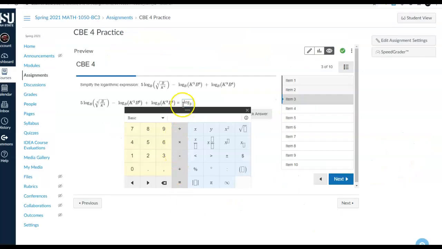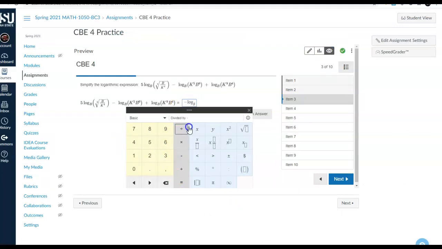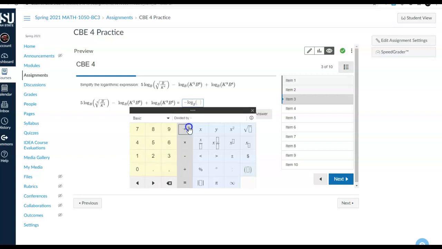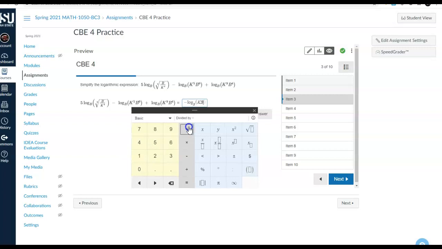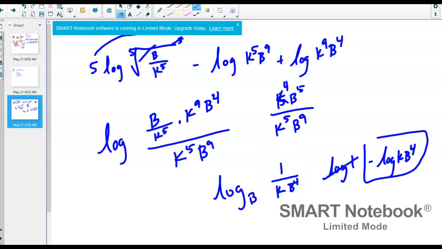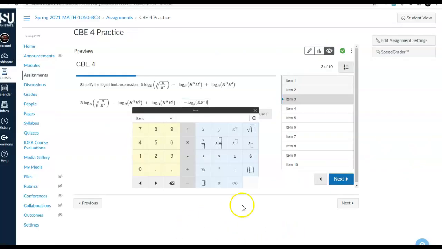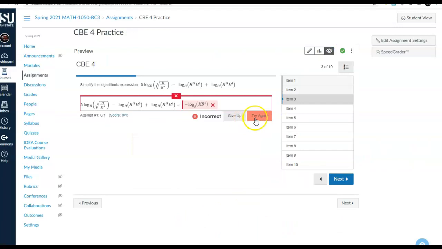So, oops, forgot my negative out front here. And then this is K B to the 4th, right? Let's double check. Yep. And hold on just a second. Doesn't like that.